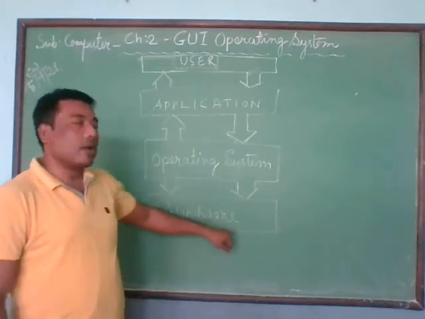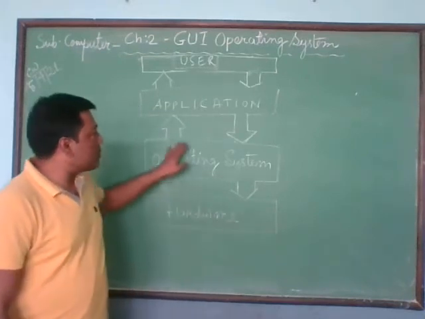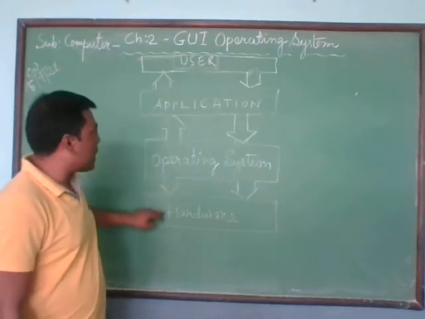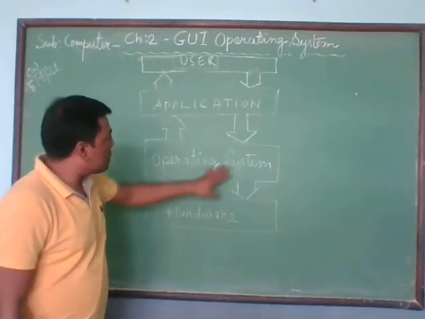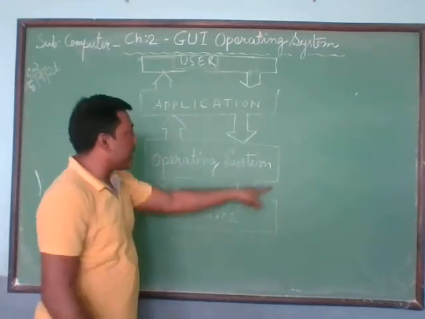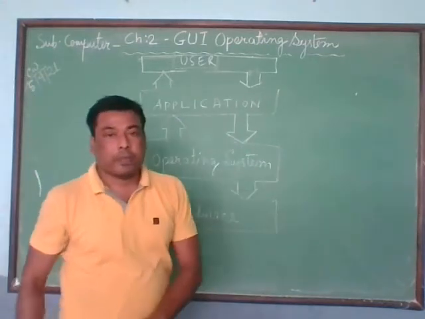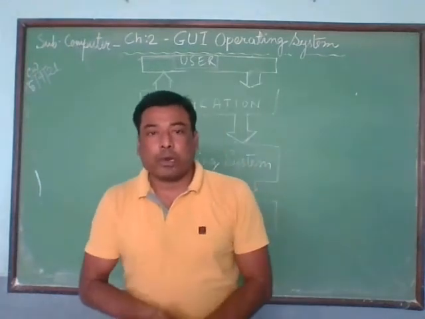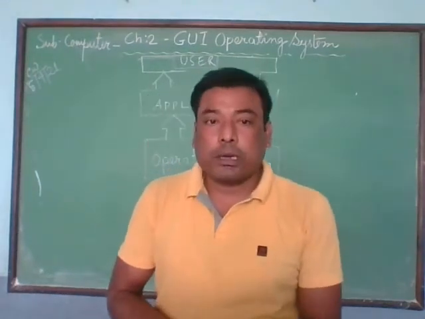These are also hardware. So everything the user uses, the application and hardware, is interfaced by the operating system. So the operating system is the most important program to run the computer.